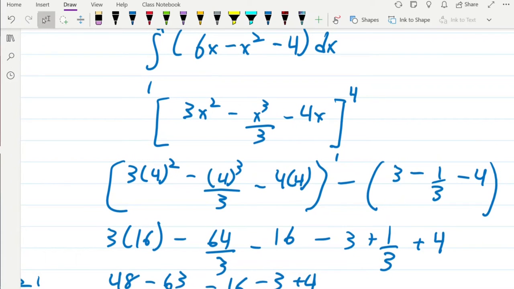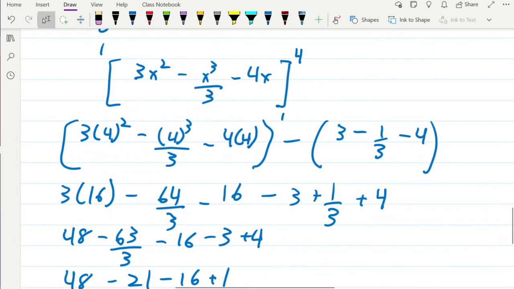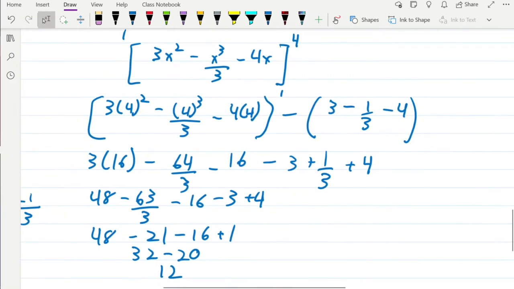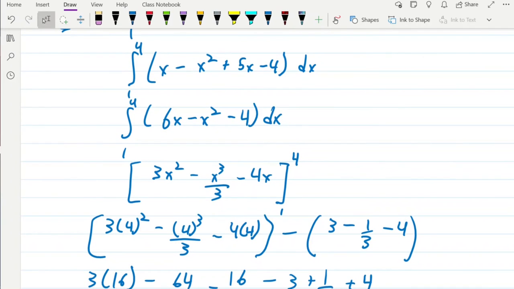Let's see. Now it's trying to figure out what I did wrong. 64/3, that's correct. Did I forget? So when I brought that down, I brought it down for 3/2. No, 3.